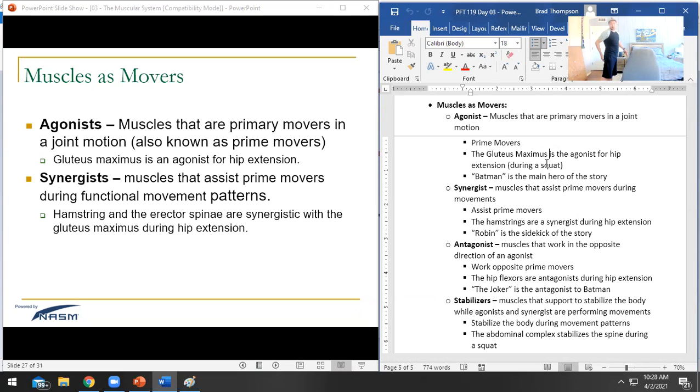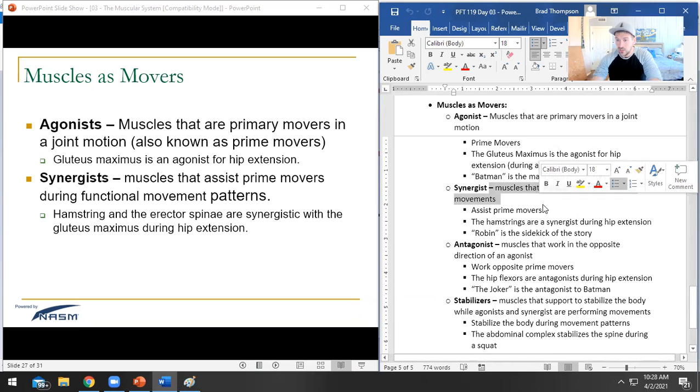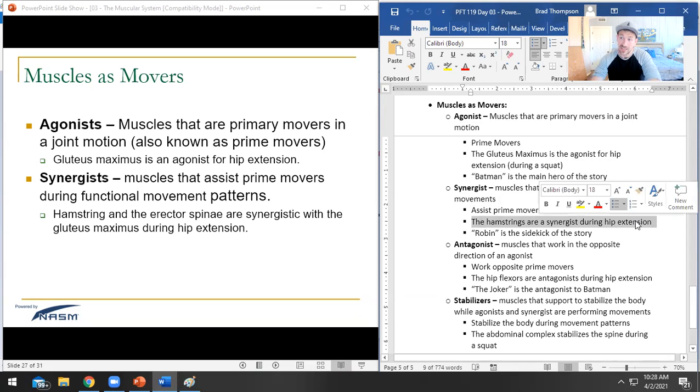Now it's getting help from synergist muscles in my hamstring. So my hamstring actually assists when I do this. Now I've got two muscles working together to create the same movement. So a synergist muscle assists your prime mover. The hamstrings are a synergist during hip extension. The gluteus maximus is doing most of the work and the hamstrings are helping.